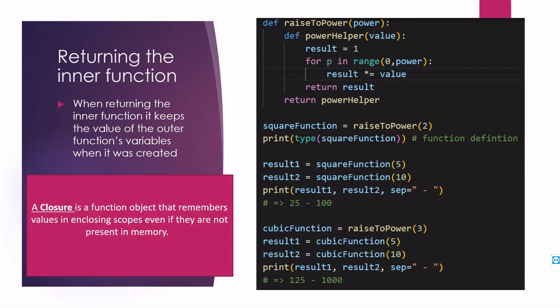So now the square function is the object containing the function.